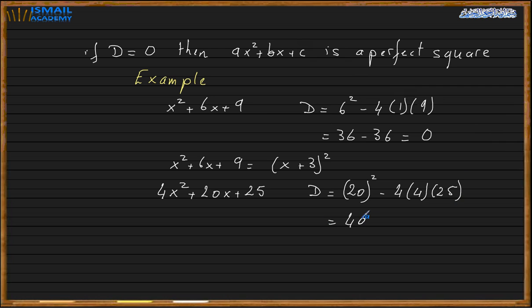So it's 400 minus 400, since 4 times 25 is 100, times 4 is 400. So again 0, and this one is a perfect square. So 4x squared plus 20x plus 25 is the same thing as 2x plus 5 squared. So this is the case when it's equal to 0.